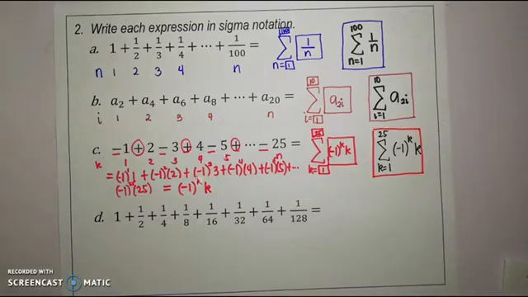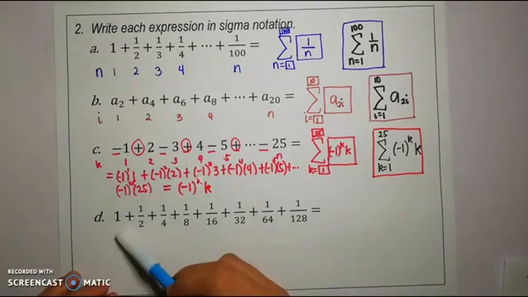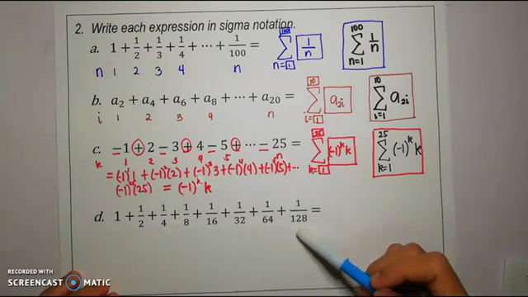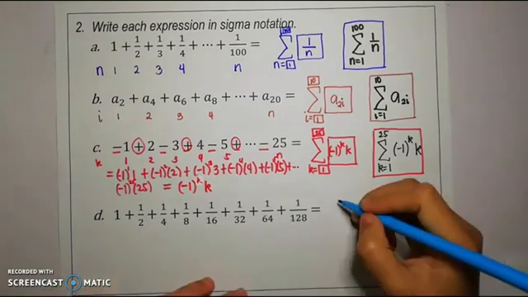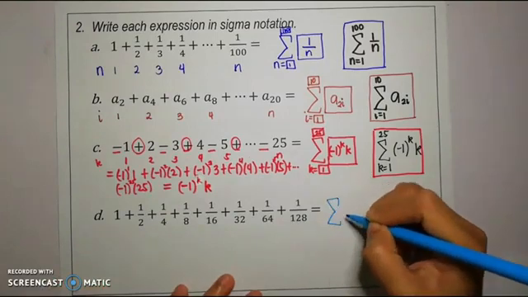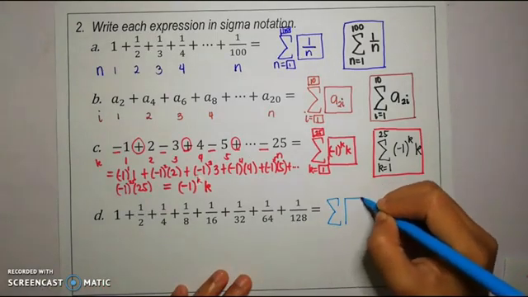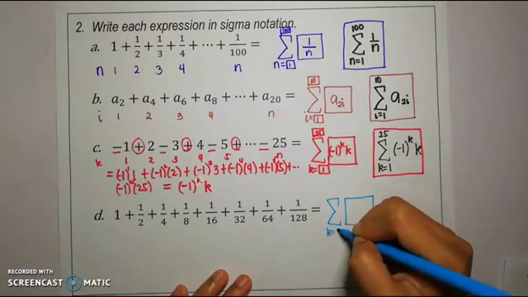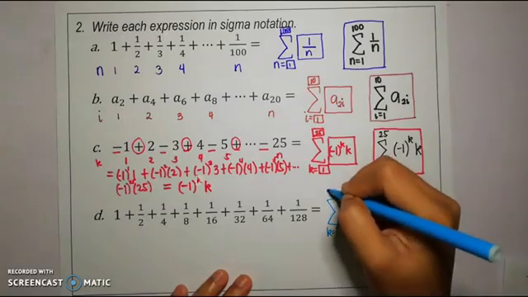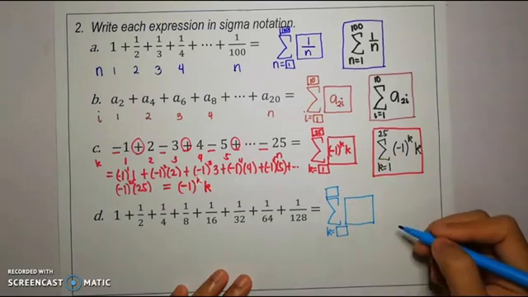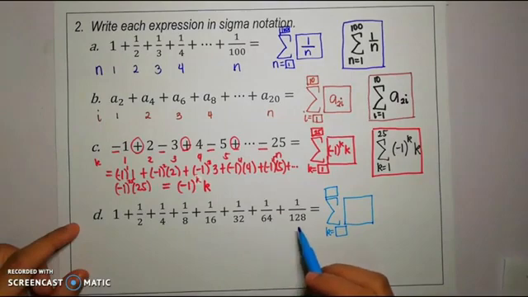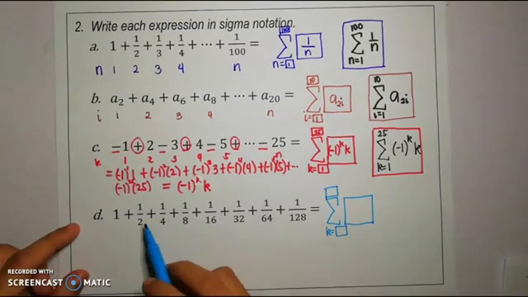The last example is very easy because we can already see the relationship between the numerator and the denominator. Again, we need to look for the typical element. We let k be our index of summation, and we will look for the lower and upper bounds or limits.